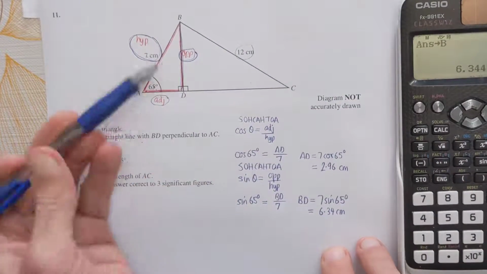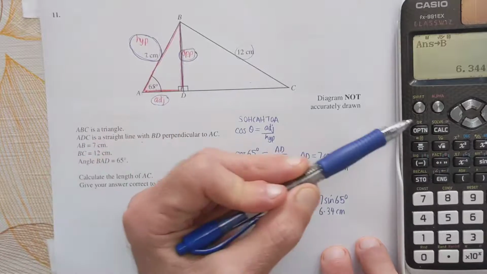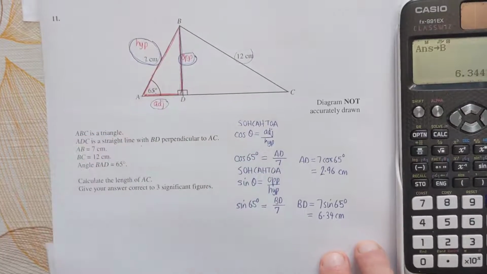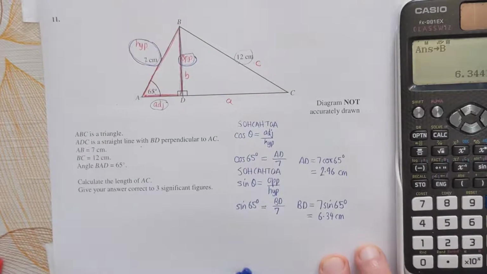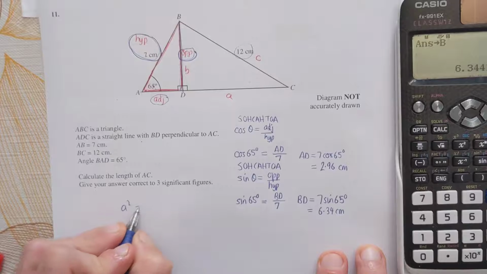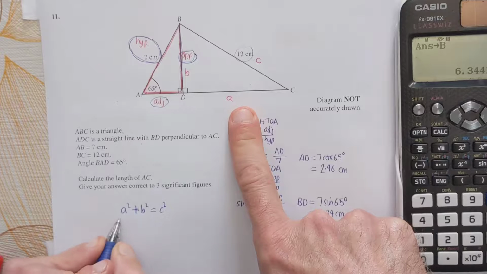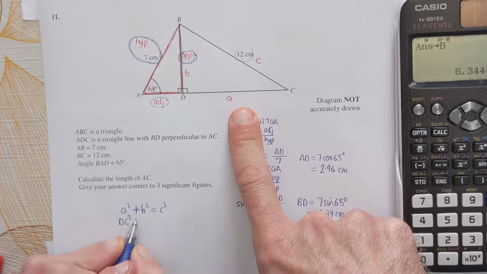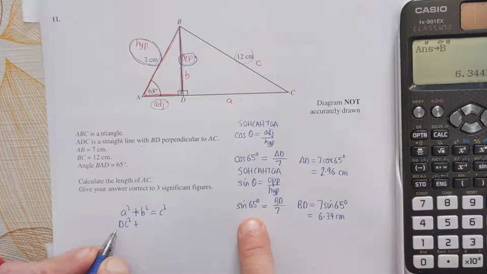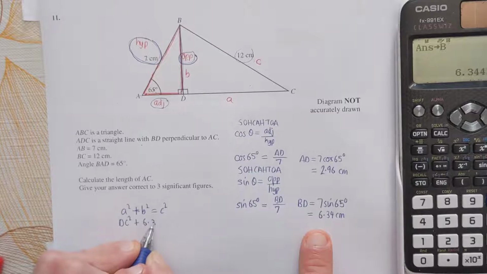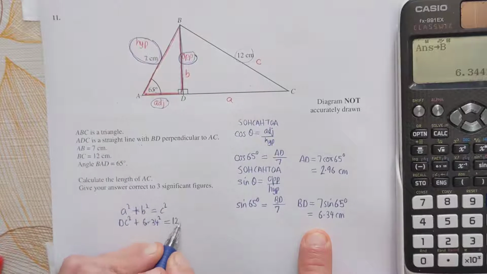Right. With this triangle here, we have the hypotenuse and one of the shorter sides. We just worked that out. So we use Pythagoras. So we're going to call this A, B, and C. And of course, A squared plus B squared equals C squared. A squared, which is DC squared, plus B squared, which is BD, which is 6.34, squared equals C squared, which is 12 squared.